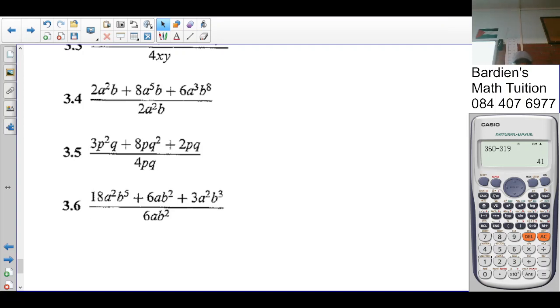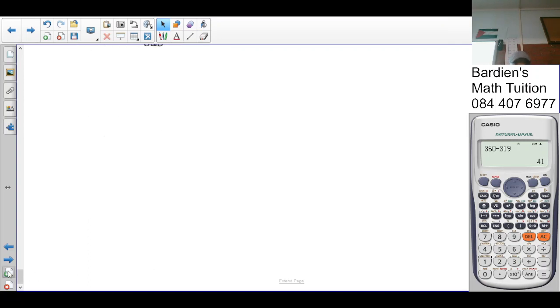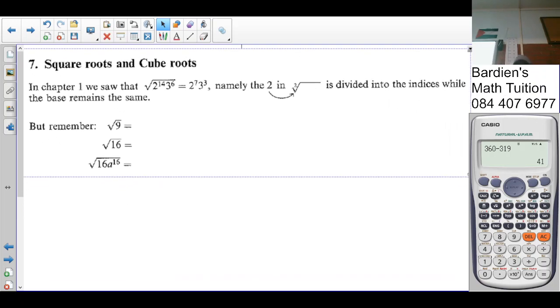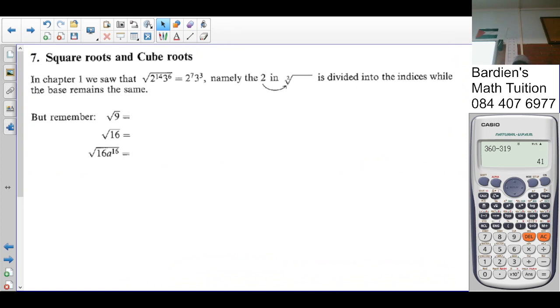That's your next heading. Square roots and cube roots. That's your subheading.